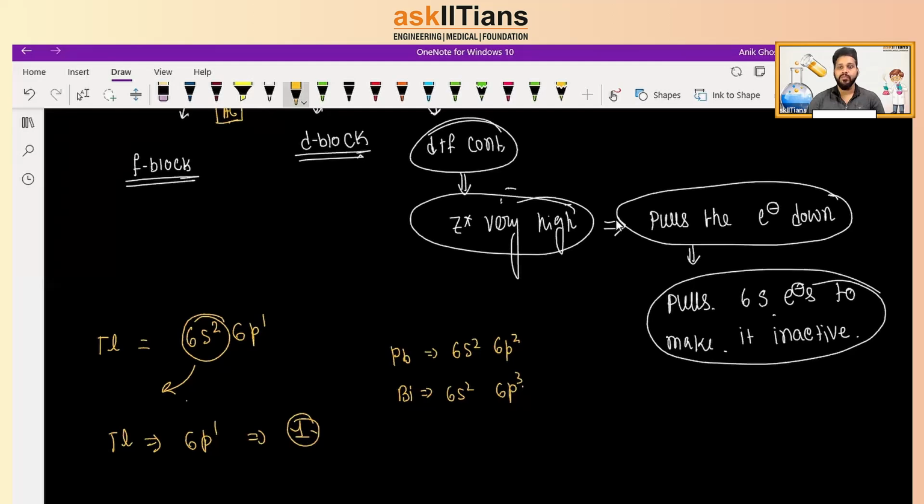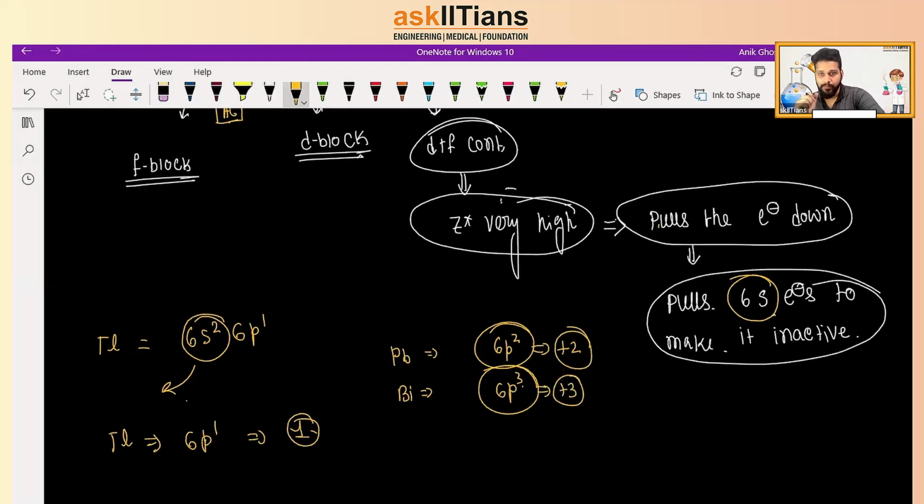So for all of them, due to this high Z star pulling the electrons down, specifically the 6s electrons come first, so they are being pulled first. So in all these cases, the 6s electrons become inert. The inert pair effect that we talk about is actually these 6s orbital electrons. So this is the overall idea, and that is why lead shows +2 oxidation state, and bismuth shows +3 oxidation state specifically.